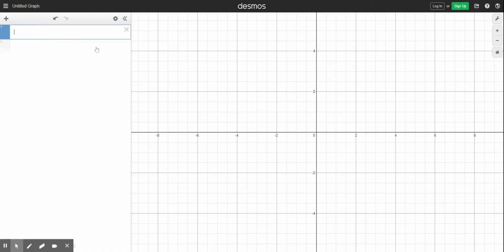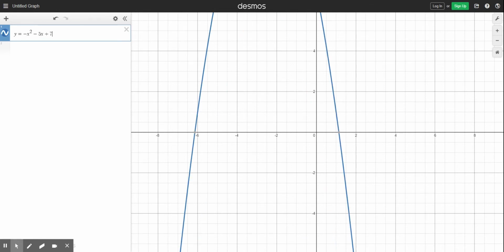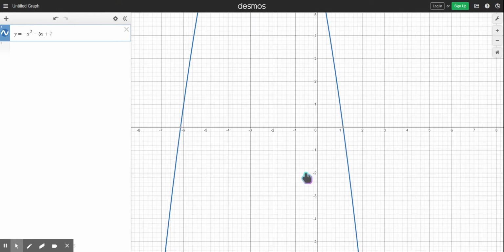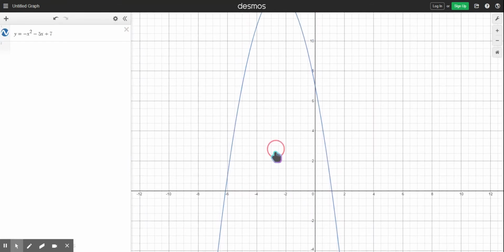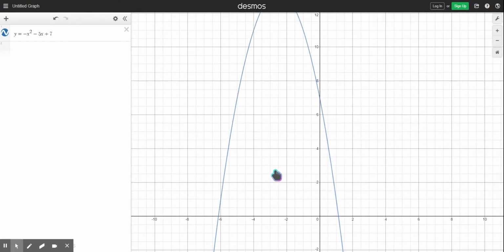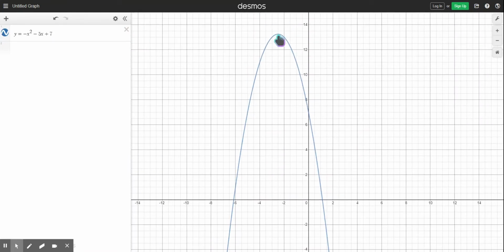Let's find them. I'm going to look at the graph. Okay, here we are on the graph again. We are going to type in our equation, y equals negative x to the second power minus 5x plus 7. I have to zoom out and drag this down so I can see the whole thing. Let's check our vertex, negative 2.5, 13.25, that's what we got.